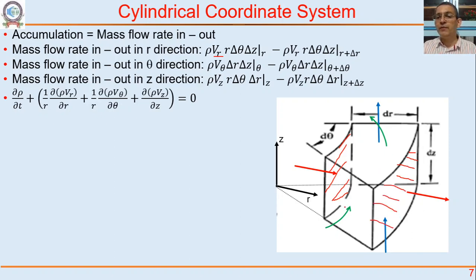Okay. Area of this curved surface is r delta theta multiplied by delta z. Look at this. It is at r and at r plus delta r, because Vr can change with r.